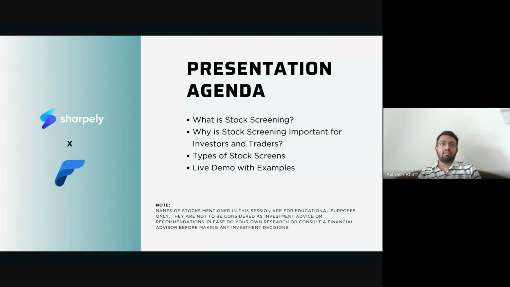And then we will have a demo. We are not going to just focus on the theory. We will see real world examples of various types of screens, how you can create them, how you can test them, how you should approach screening based on your investing style and so on.